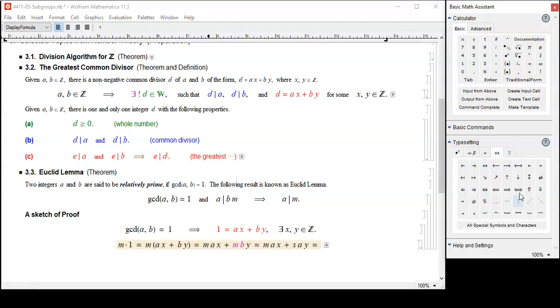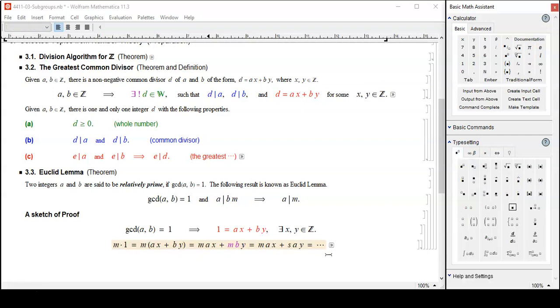Kind of like that. Does it make sense? This mb is divisible by a, so something times a. I wrote it like that. And now it's pretty clear. I can factor a out of here. So what do we have here? a times a certain integer. Consequently, a divides m. The conclusion follows.